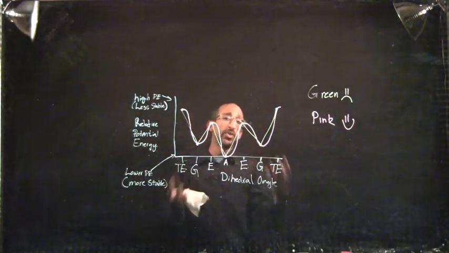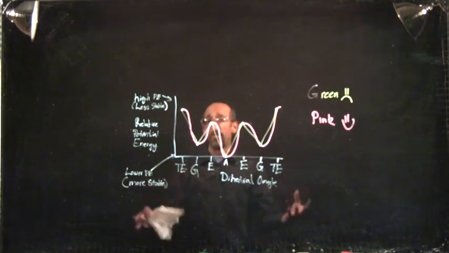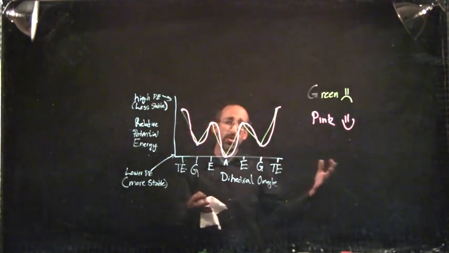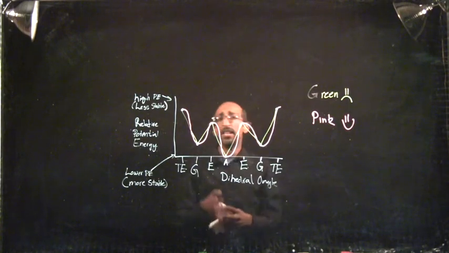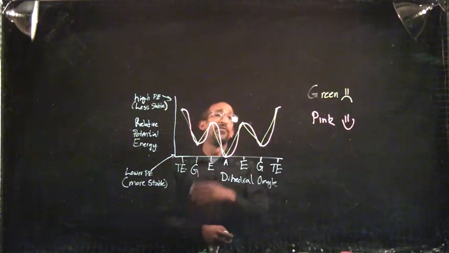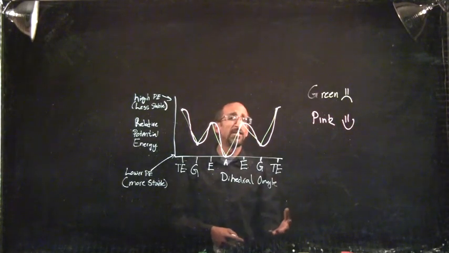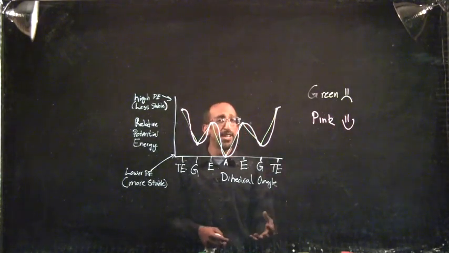We can use two different methods to visually depict that rotation and the conformers that rotating around that bond would produce. Sawhorse projections, or far more preferably Newman projections, which is what we're going to use in this class to depict different conformations.